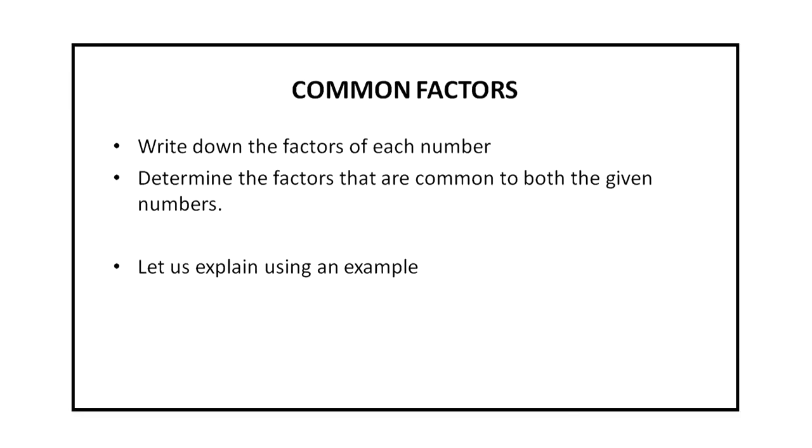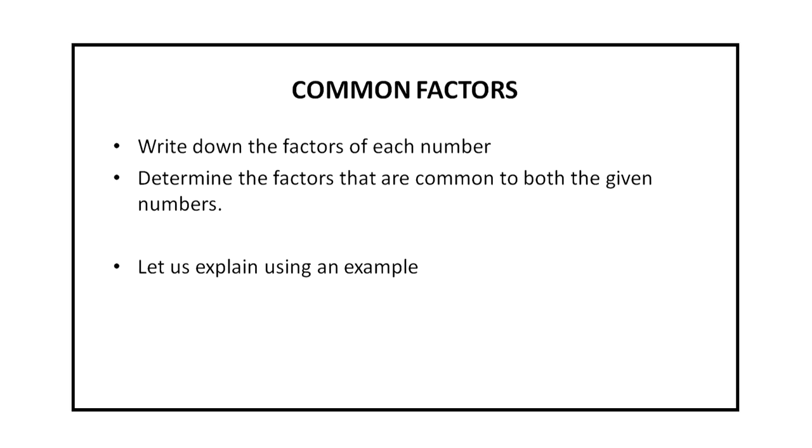Common factors. You would have noted the word common, that is prefixed with factors. So, how to determine the common factors is the next thing to learn. Now, how to determine the common factors? Step 1, write down the factors of each number.